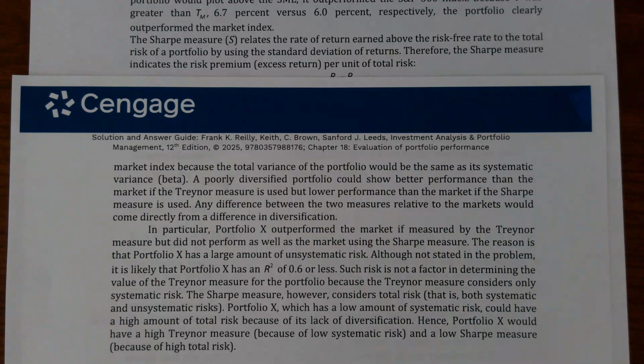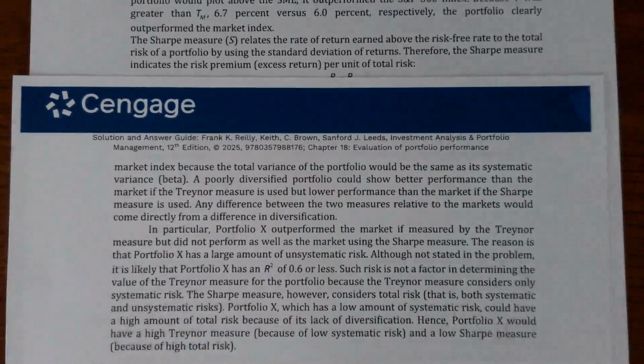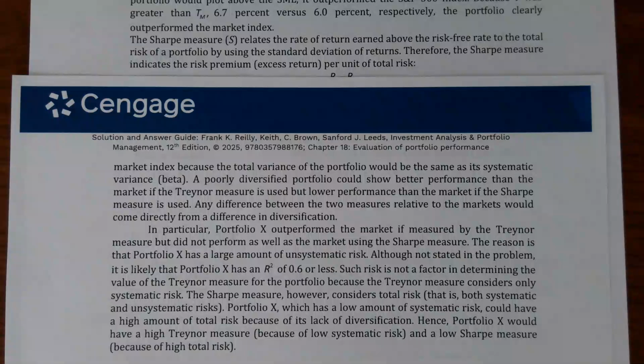We didn't know that, but that's what it means when you get conflicting results. The Sharpe technique said the portfolio underperformed the market on a risk-adjusted basis. If the Treynor says that it outperformed, well, that means there must be some unsystematic risk present in Portfolio X, right? I won't ask you anything about this R-squared business.